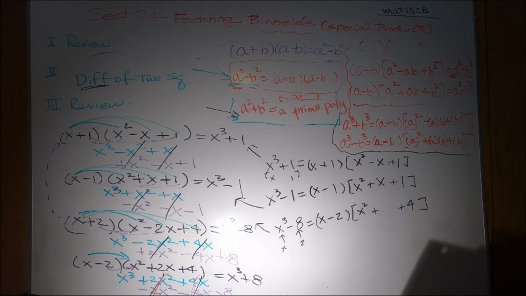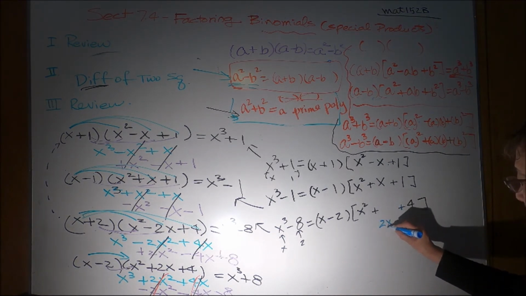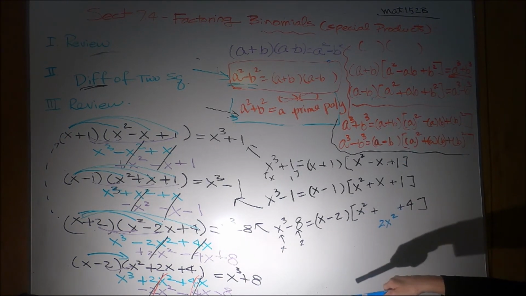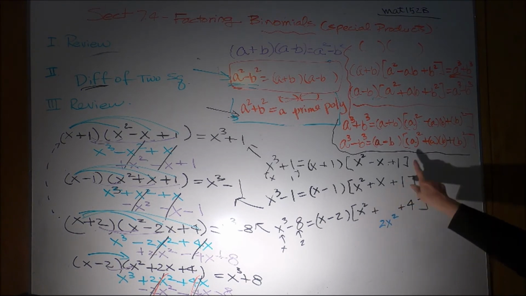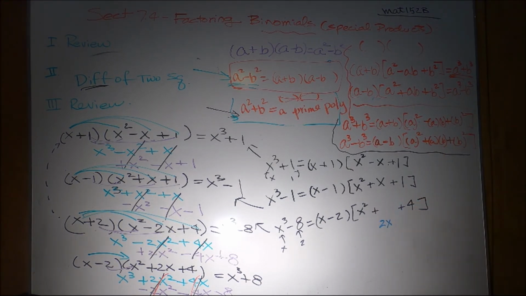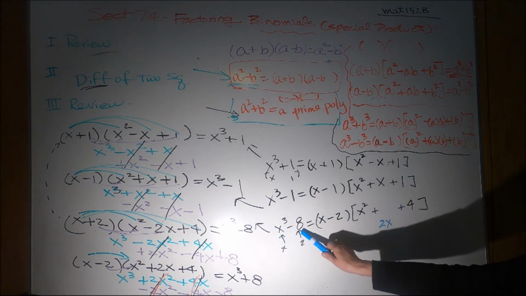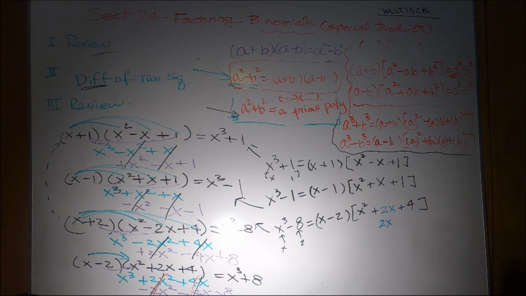And you may make a mistake in the middle. You will say, oh, these two things together is 2x, then I take a square, which is incorrect. Remember, that's why we put a parenthesis around. You need to multiply. It's not 2 squared. This one, x squared, 2 is supposed to be 2 times x, right? So be careful when you multiply them. That will be what? 2x. That's correct.